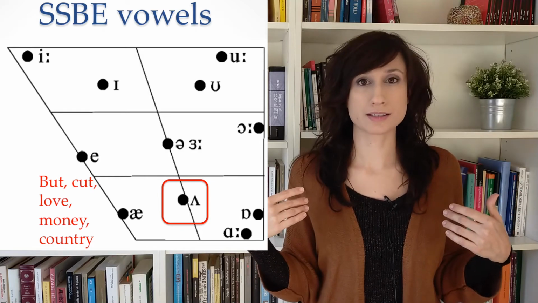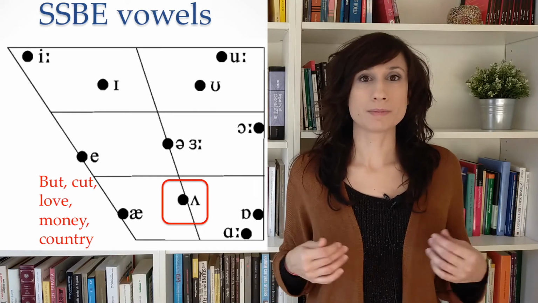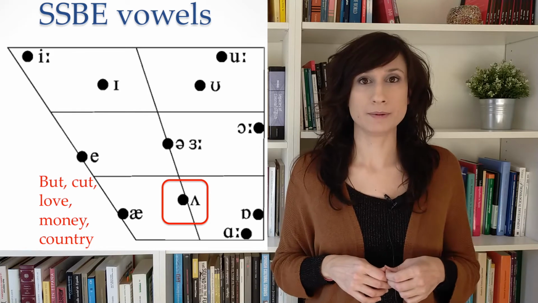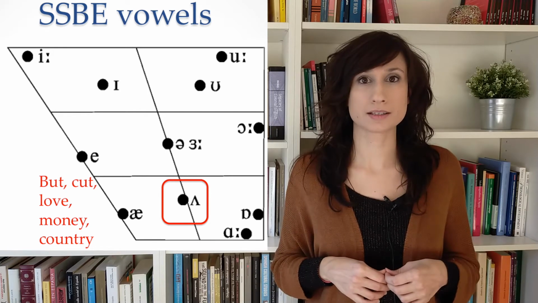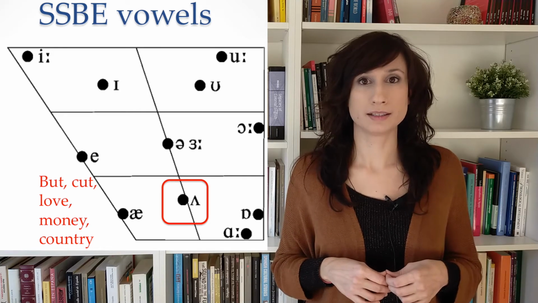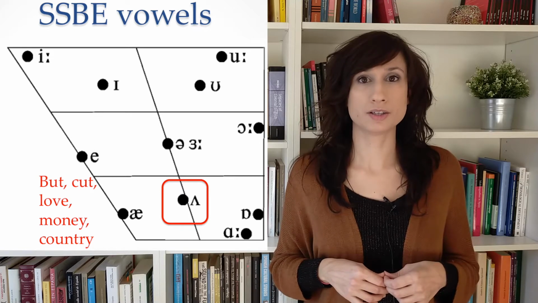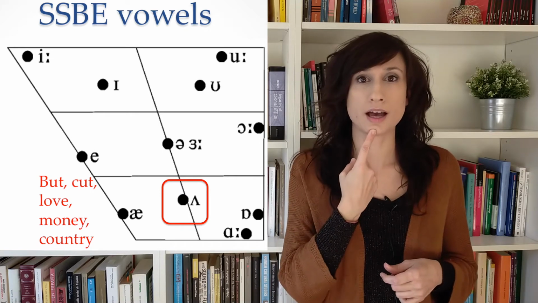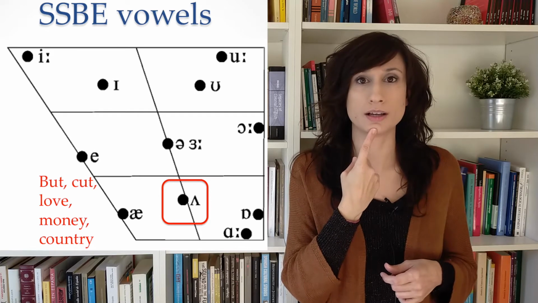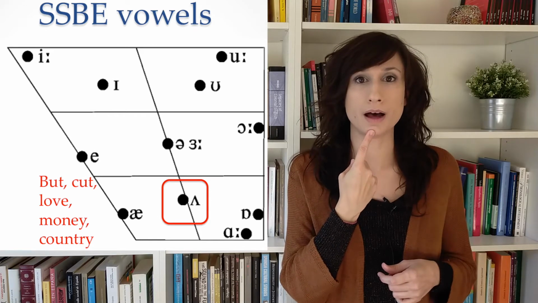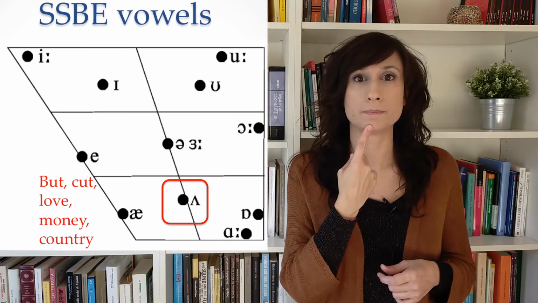Yeah? Cut, cat. So some examples with this vowel would be but, cut, money, love, country. Notice country, not cantry. Country, love, money, but.